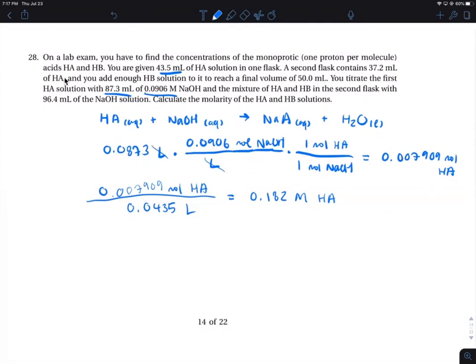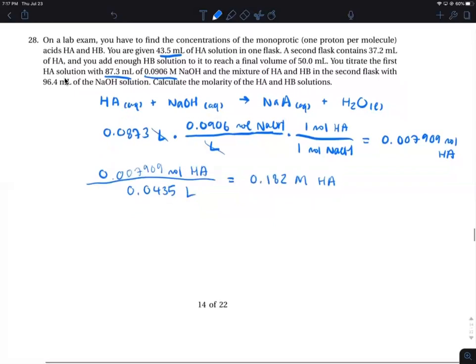So when we're talking about the titration of this acid mixture, we're talking about the reaction of NaOH with both of these acids. So let's find out the number of moles of HA in the total mixture. So we have 37.2 milliliters.